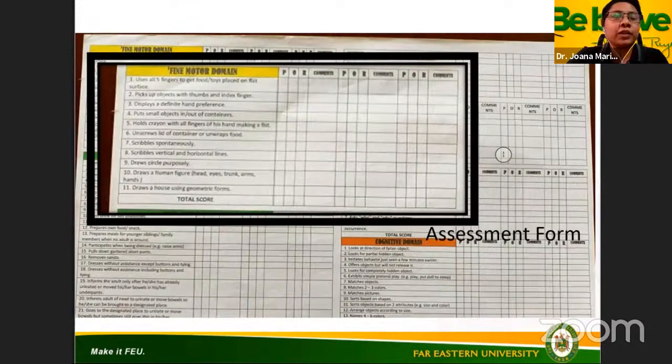Katulad nito, number 1: use all 5 fingers to get food, toys, place on flat surface. Kumbaga, since we're talking about fingers, we're talking about fine motor skills since small muscle. So lahat yan ay meron namang i-indicate si teachers dyan.